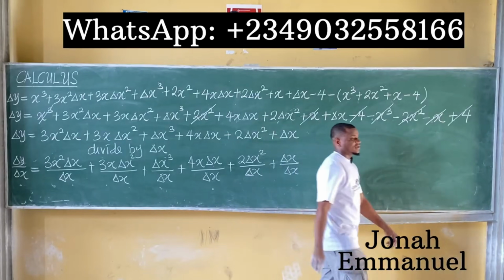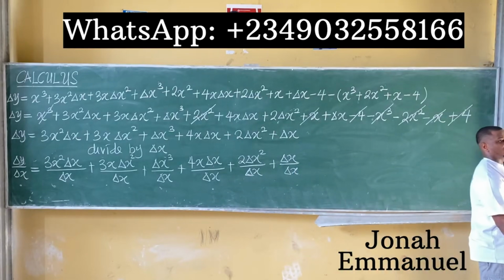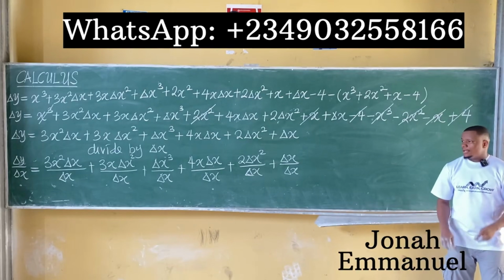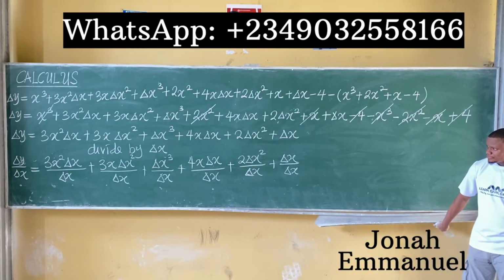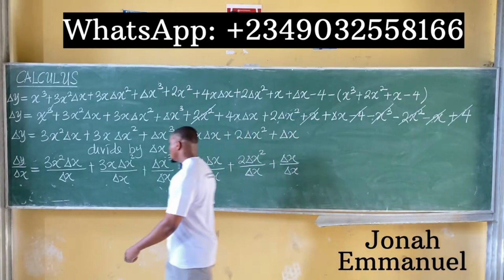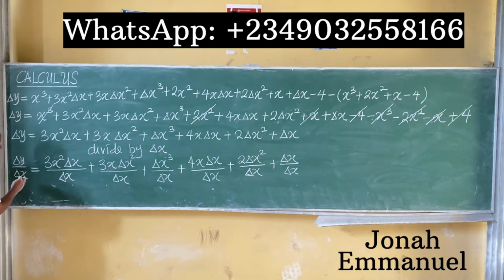So just divide everything there by change in x. Each of the terms there divided by change in x. That's about it. So we'll have that change in y all over change in x is equal to, this cancels this. What do you have there?